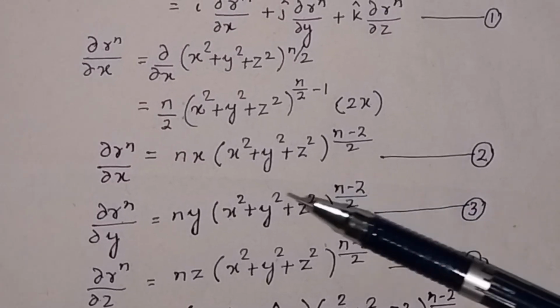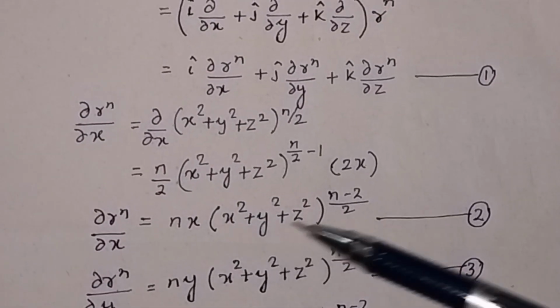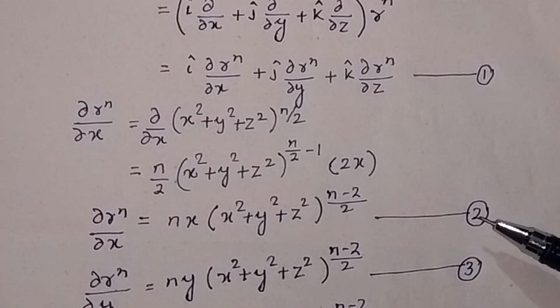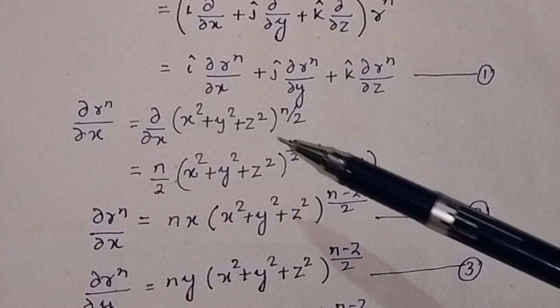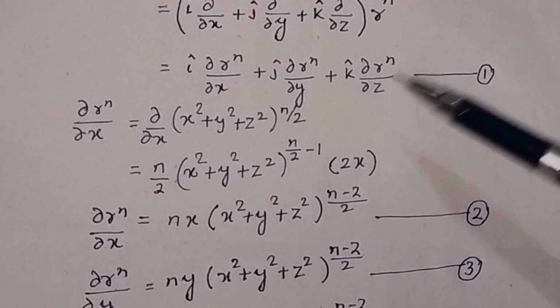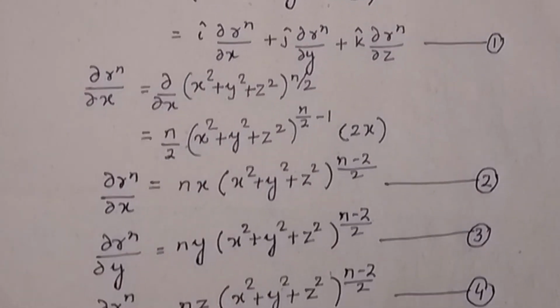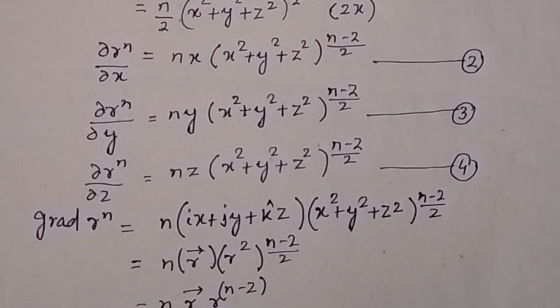Now you substitute the values derived in equations 2, 3 and 4 into equation 1. If you substitute, then you will get the gradient of r.